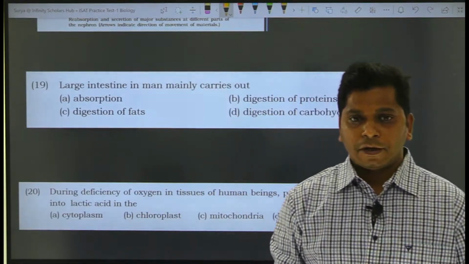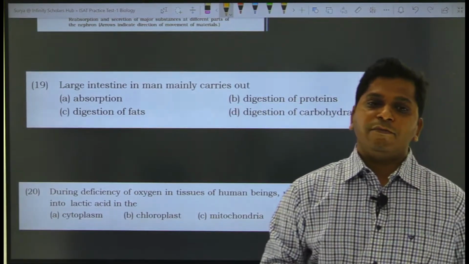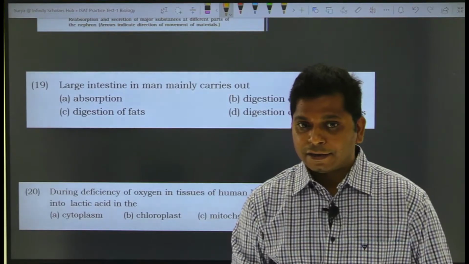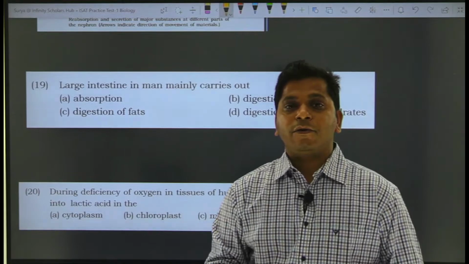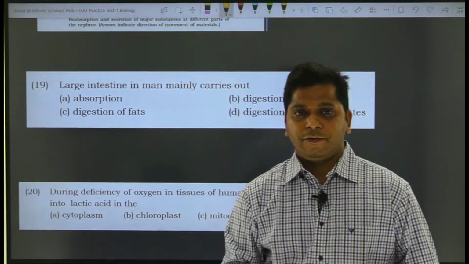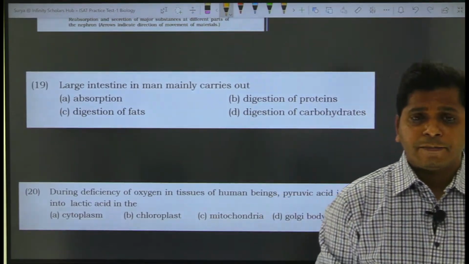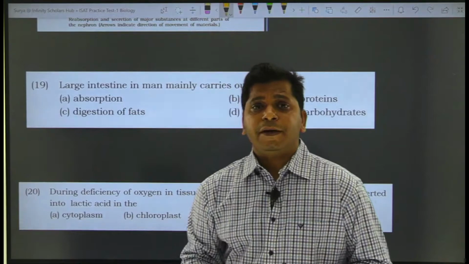Then it comes to the small intestine. In the small intestine, most of the food materials are digested. Not only are they digested, most of the digested materials are also absorbed there. All the smaller molecules which are produced after digestion are absorbed by the small intestine.